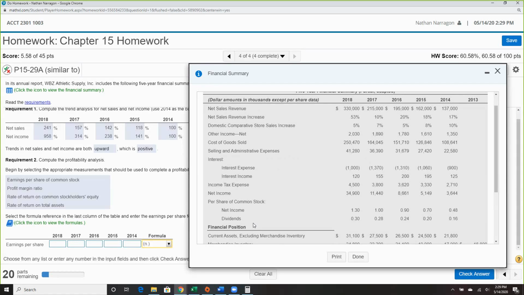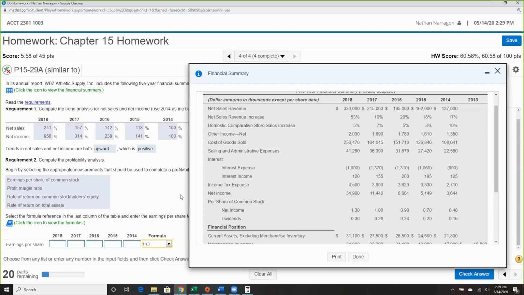We know it's weighted average. This is going to make me think here, guys, because it's giving me a per share of common stock on net income.